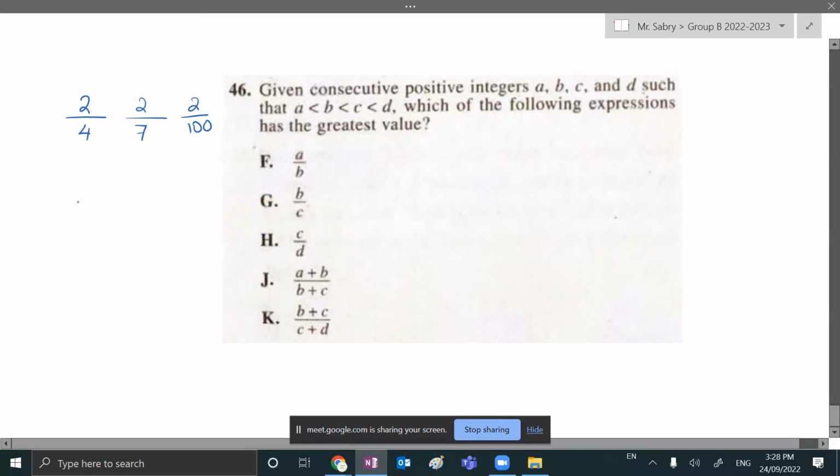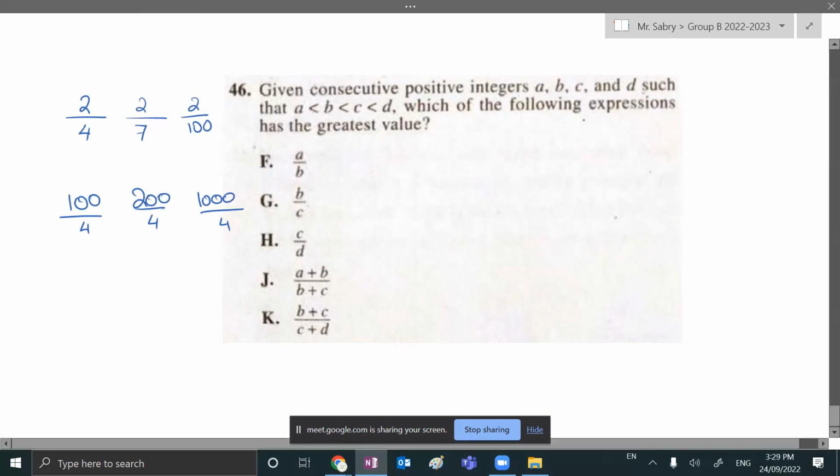It's as if the leading thing is the numerator. So 100 divided by 4, or 200 divided by 4, or 1000 divided by 4, each one of those is getting bigger. As long as I'm increasing the numerator, the whole number is increasing.